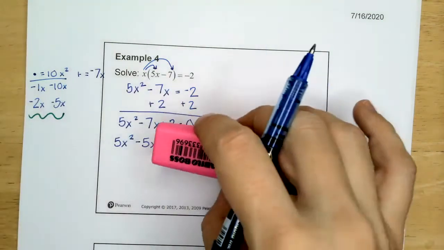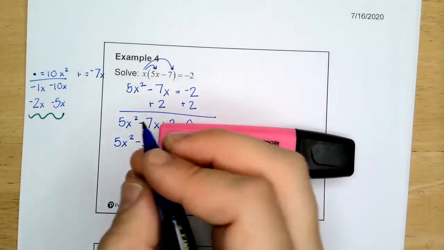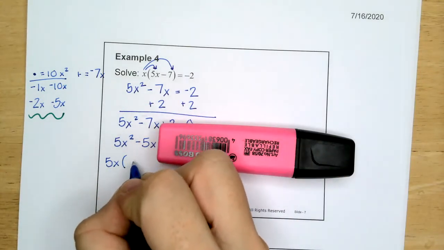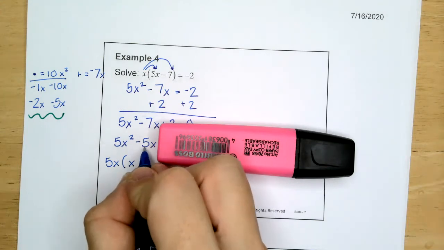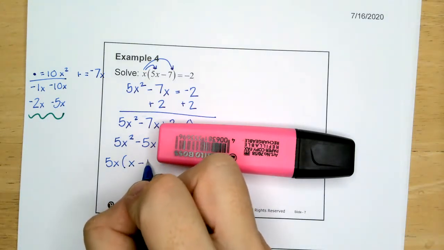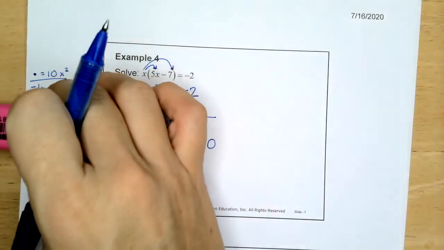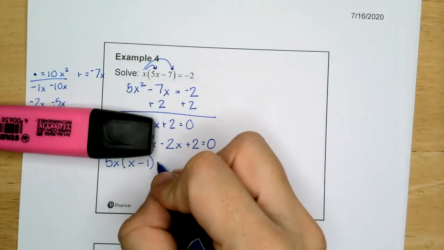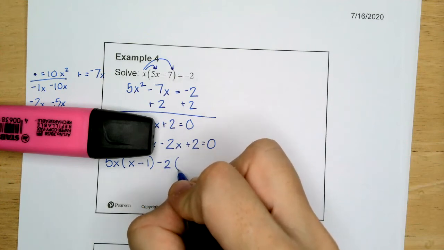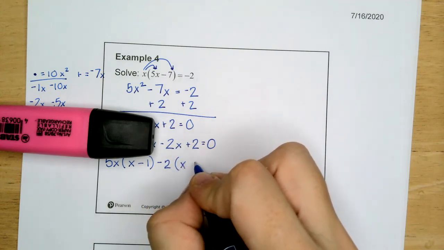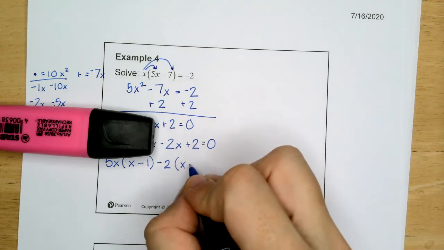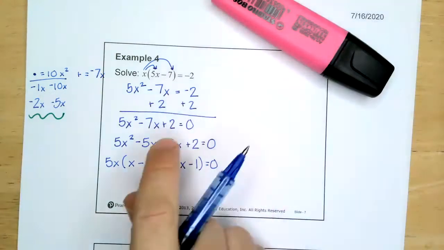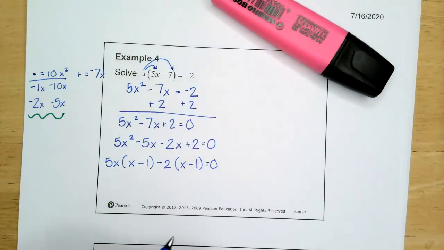Now I'm going to factor by grouping. 5x squared minus 5x, I can take out a 5x. 5x squared divided by 5x is x. -5x divided by 5x is -1. -2x plus 2, I can take out a -2. I get a positive x. 2 divided by -2 is a -1.